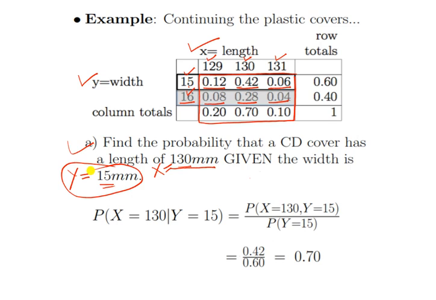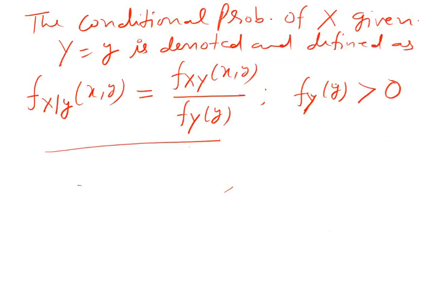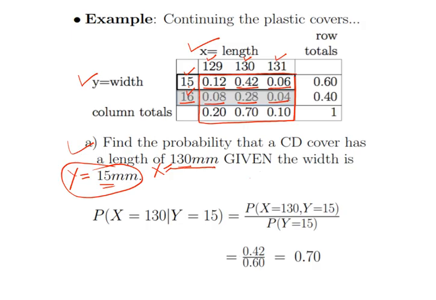So in that case, this is the formula. The probability of x is 130 given y is 15 is equal to probability of x equal to 130, y equal to 15 upon probability of y equal to 15. When x is 130, y is 15, from the table the probability is 0.42. And probability of y equal to 15 means find the row total.